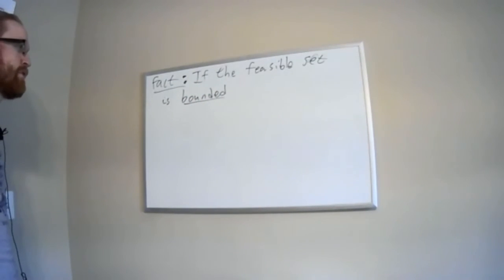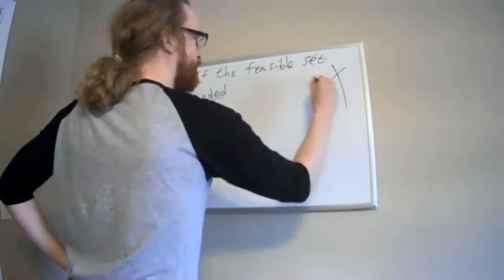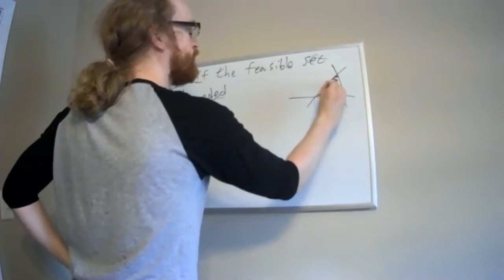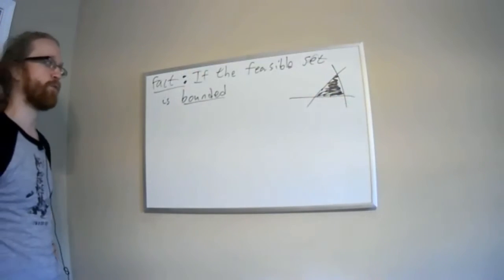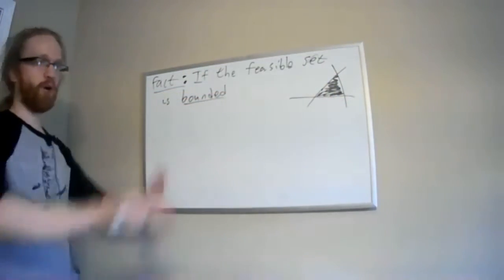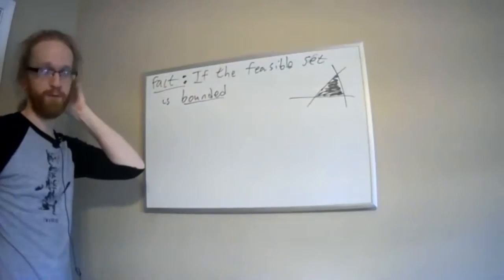Remember, that just means that it makes a closed shape. You graph your feasible set and you get like a triangle, or a square or some four-sided polygon or whatever. You get some closed off shape. It does not go on forever. It's some finite closed off shape. That's a bounded feasible set.